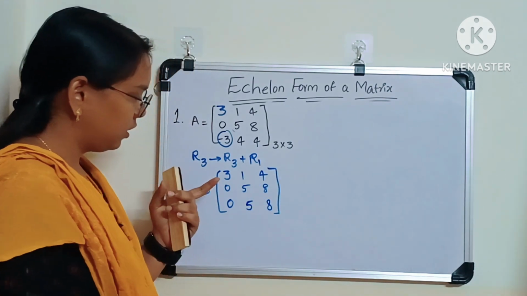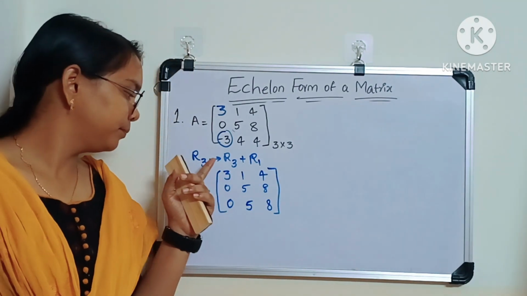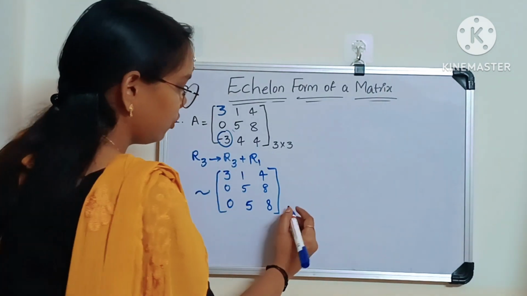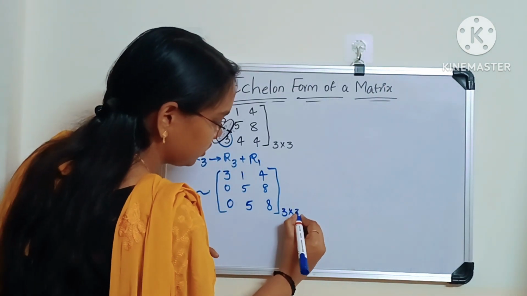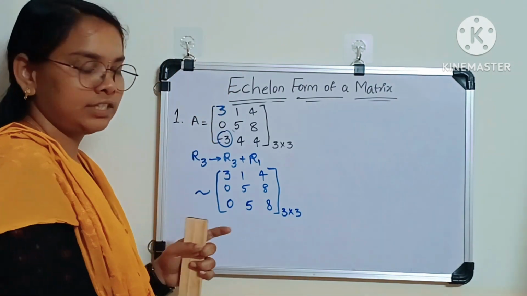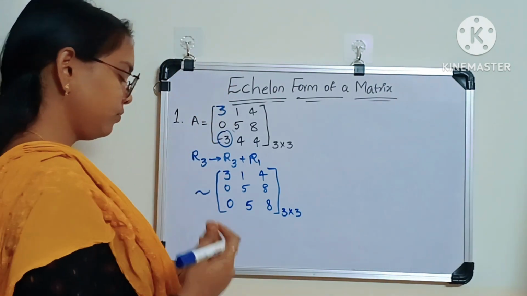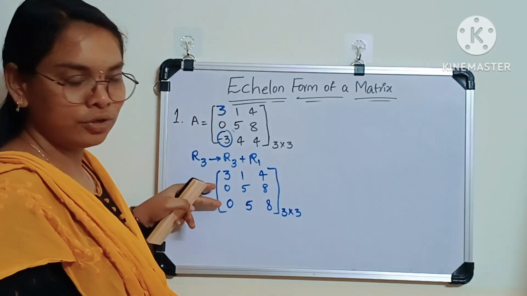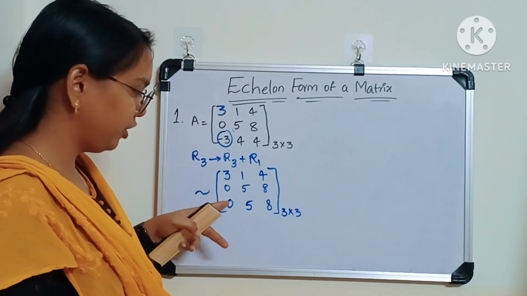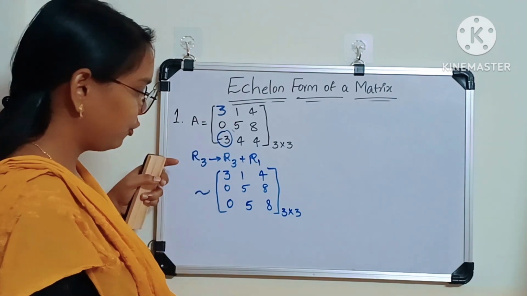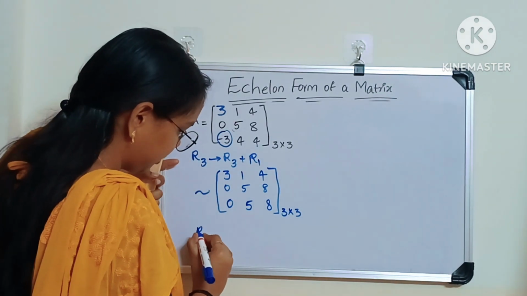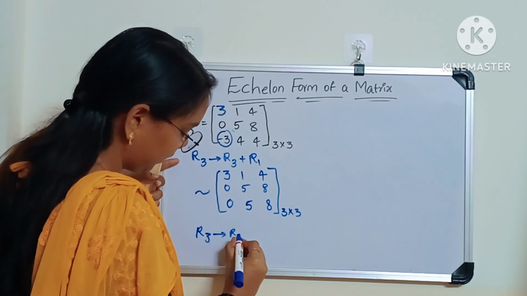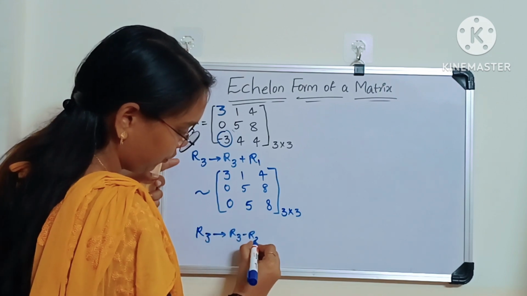After converting row 3 by R3 plus R1, we got this 3 by 3 matrix. It is good practice to write the size of the matrix. Now you can see these two rows are the same, so with the help of R2 we can convert R3 to 0. So the row operation is R3 tends to R3 minus R2.